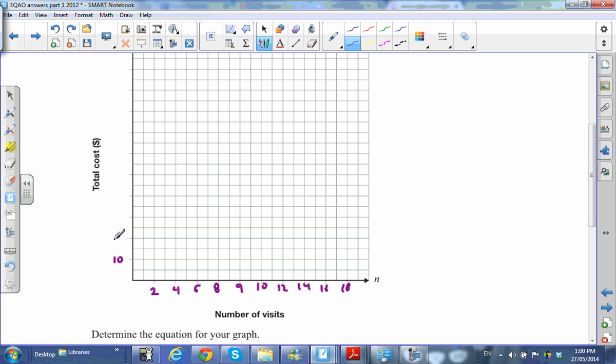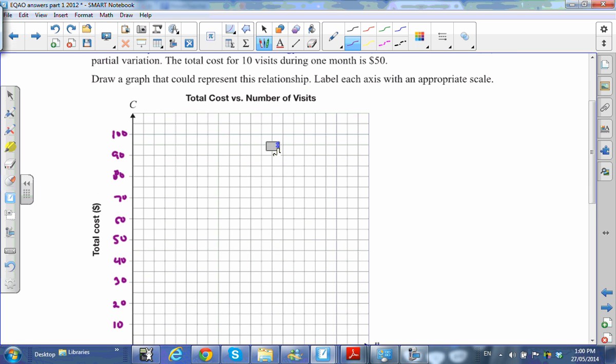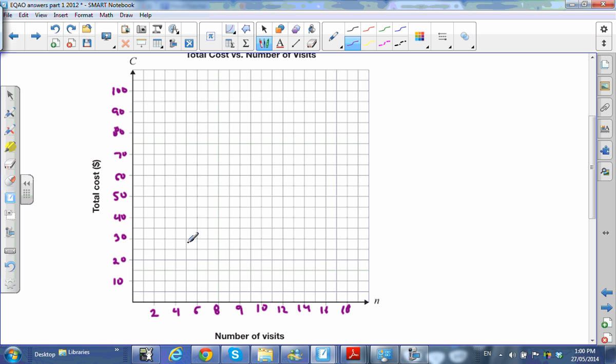So 10, 20, 30, 40, 50. I got to clear out of my room. I have somebody coming in this room this period. So 10 visits was $50.